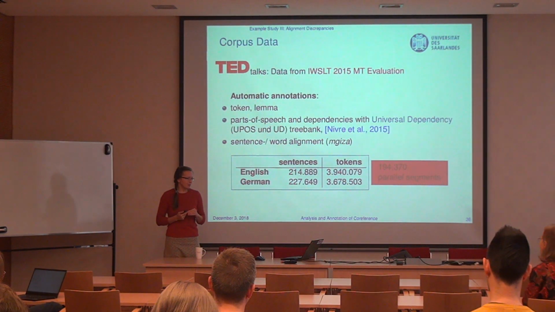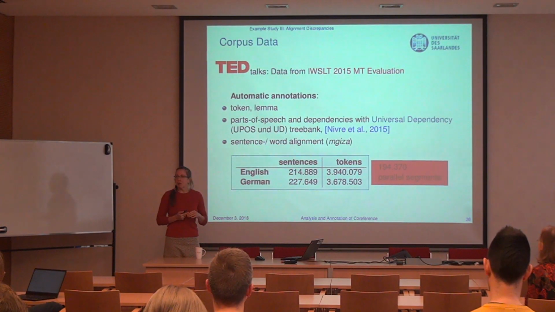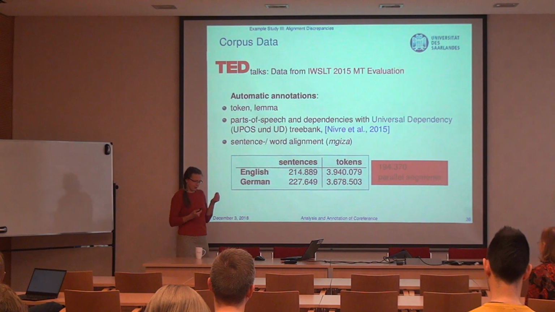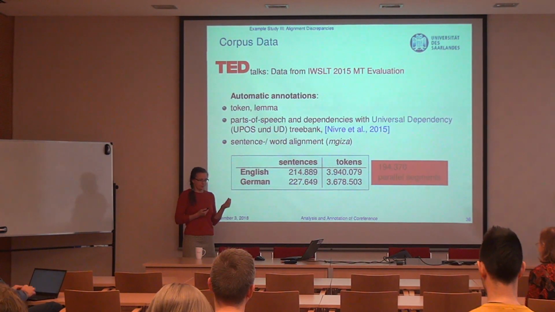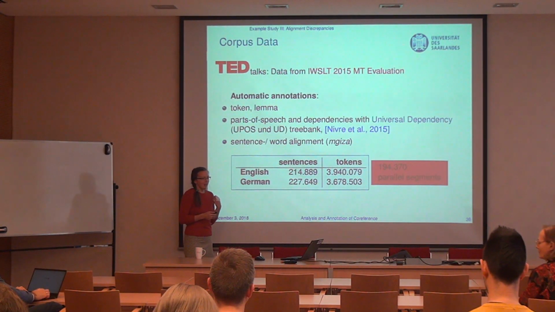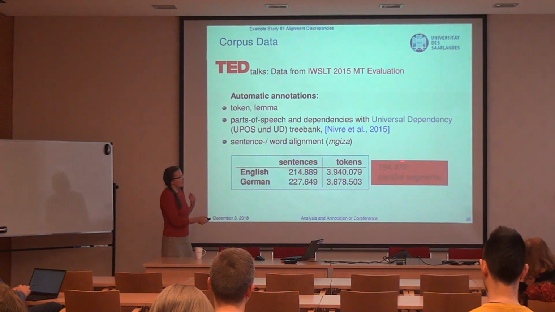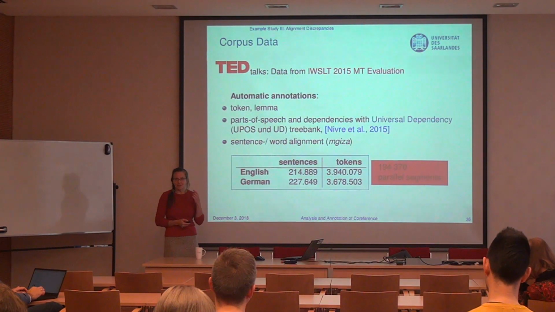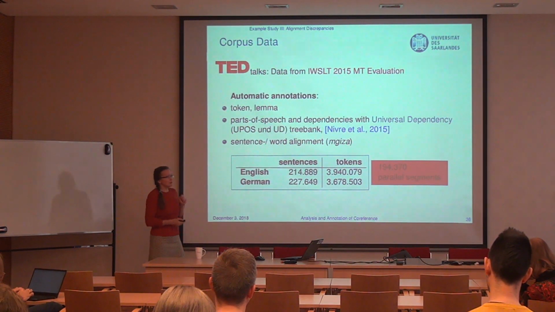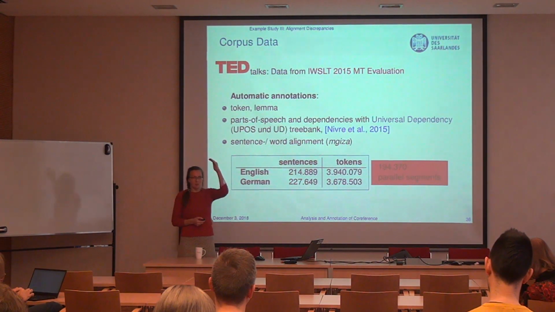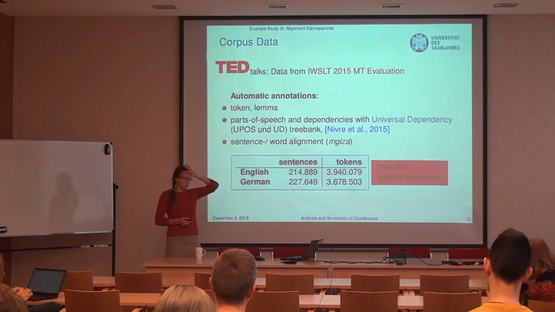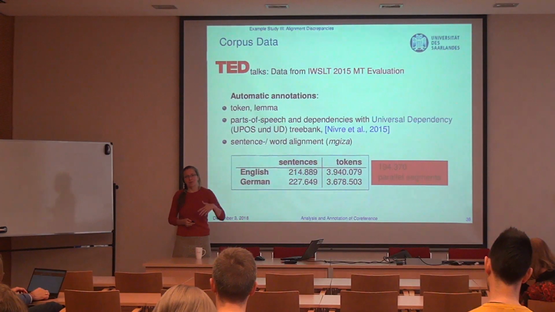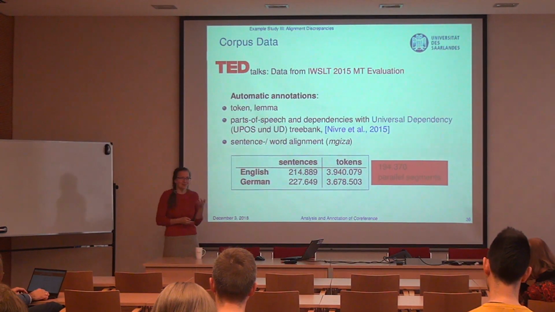And then we use sentence and word alignments for extracting these types of categories that we are interested in. So in the end, we had around 200,000 parallel segments. So a lot of tokens if you compare it to the work performed top down. But at the same time, in the end, you have a lot of cases to go through and to analyze and try to automatize.